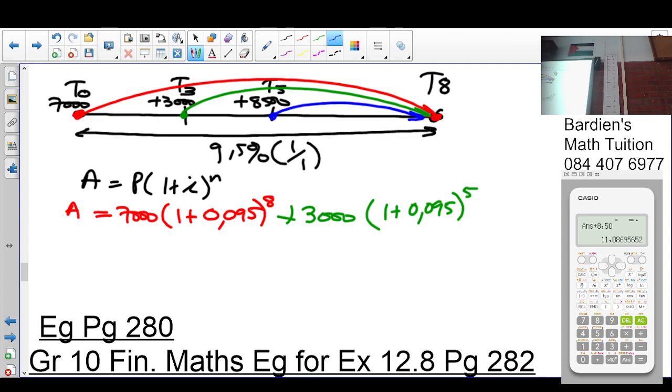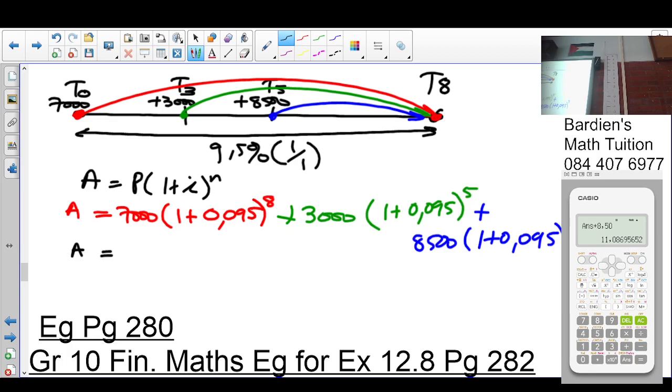So what do we write here? Plus 8,500 into 1 plus 0,095, to the exponent.